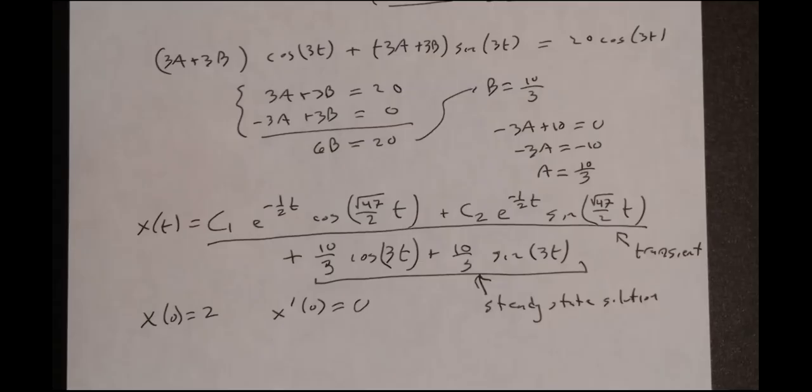If the two periods match, then the amplitudes add. And we're going to get a t cosine t and a t sine t. What happens as t goes to infinity then? They get bigger and bigger and bigger, which means our vibration gets bigger and bigger, and the bridge shakes itself apart.